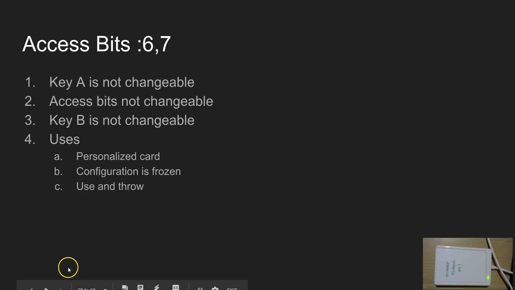The next one is when the access bits are 6 and 7. Both 6 and 7 have identical functionalities. I'm not sure why they're identical. What you can do here is: key A is not changeable, access bits not changeable, key B is not changeable.